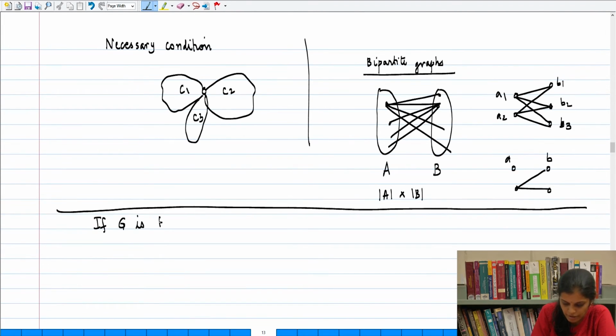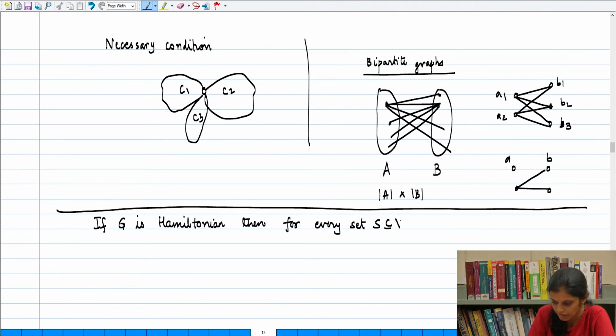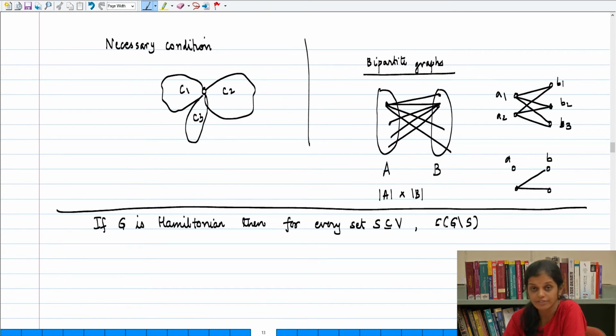if G is Hamiltonian, then for every set S belonging to the vertex set, I'll define this C of G minus S. So what is G minus S?